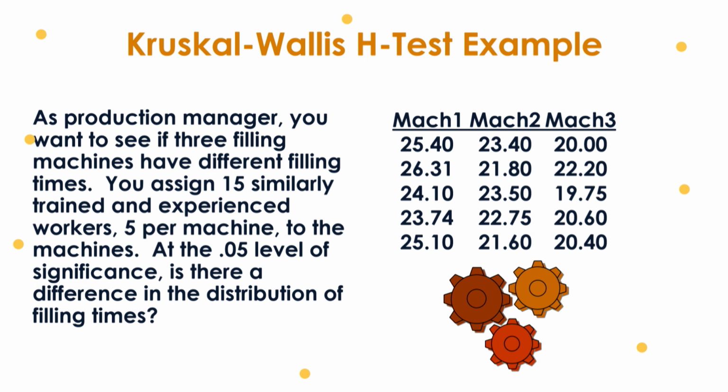From the data we can see machine 1, machine 2 and machine 3, and each machine has 5 data points. So we are going to compare 3 different machines and conclude whether all 3 machines perform the same way or not.